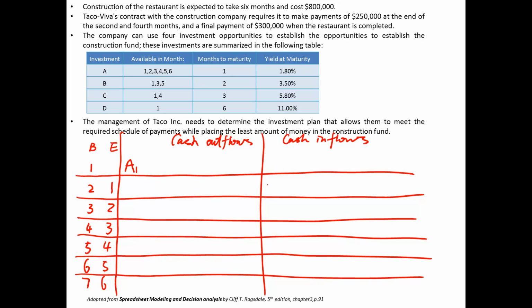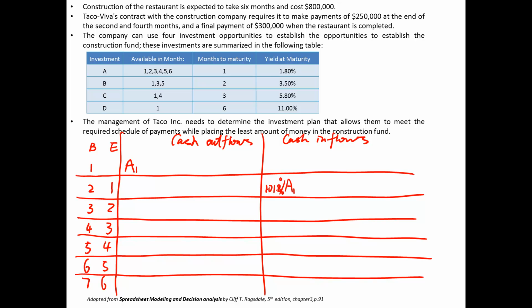And I know how much I will get from A1: 1.8. It's not 1.018, it's 1.8%. But we get the point. I'll just put the percentage, 1.8.